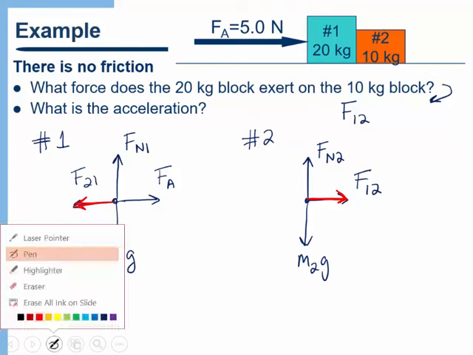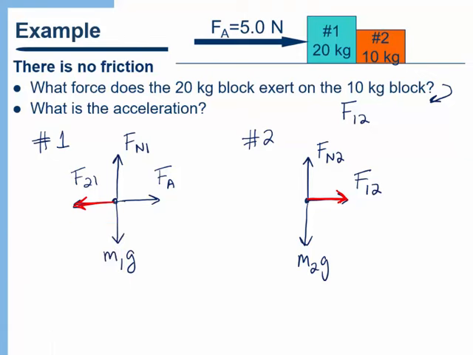Now, in this particular problem, we don't really care about what's going on in the y direction because we're only asked about the acceleration and F12, and those are both in the x direction. Therefore, we only have to write down Newton's second law twice, once in the x direction for object 1, and once in the x direction for object 2.